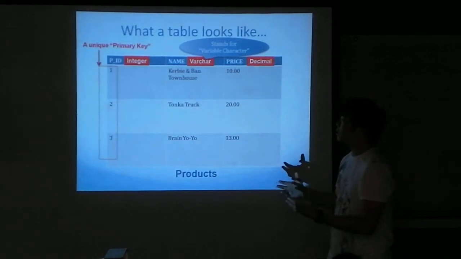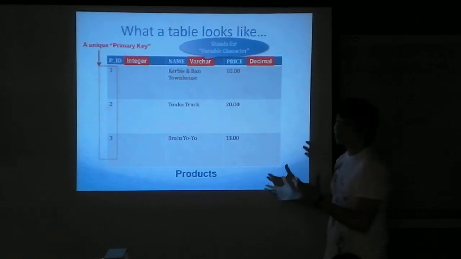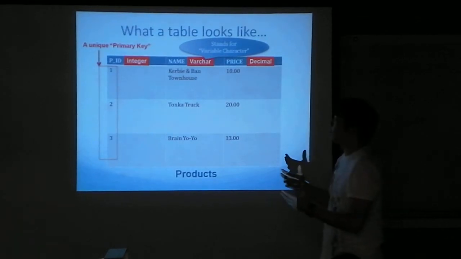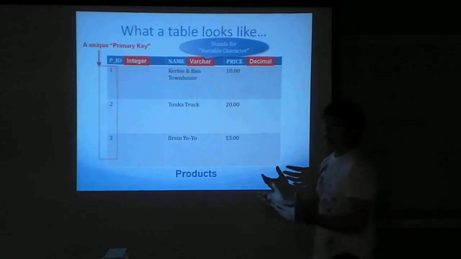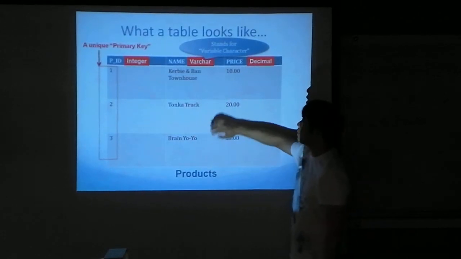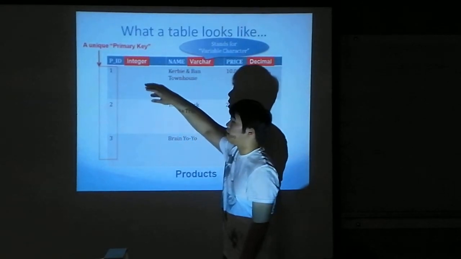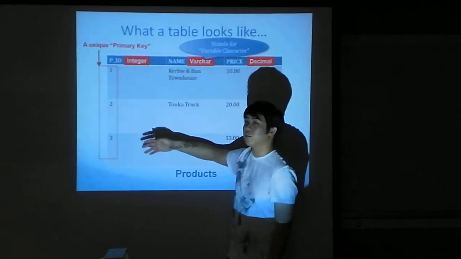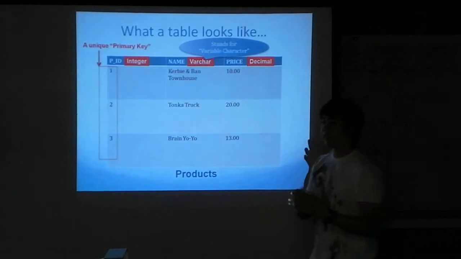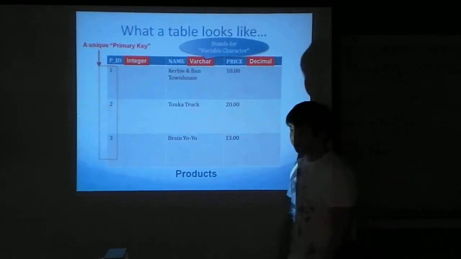So if, for example, in your table, you wanted to uniquely identify things only by a name, you could do that, but you would also have to have some sort of arbitrary parameter or column here to also uniquely identify the rest of the table.